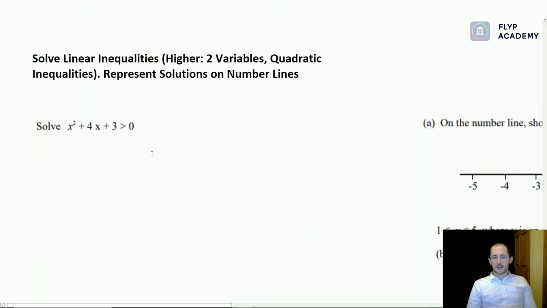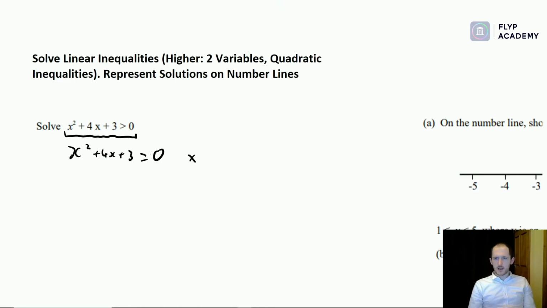Solving linear inequalities and also quadratic inequalities if you're higher tier. Okay, so how do we solve that? Well, we solve it in the same way that we would solve this. So if you're ever unsure, just ignore the inequality for now. Okay? Now let's solve it. Well, we need to factorize this, right?